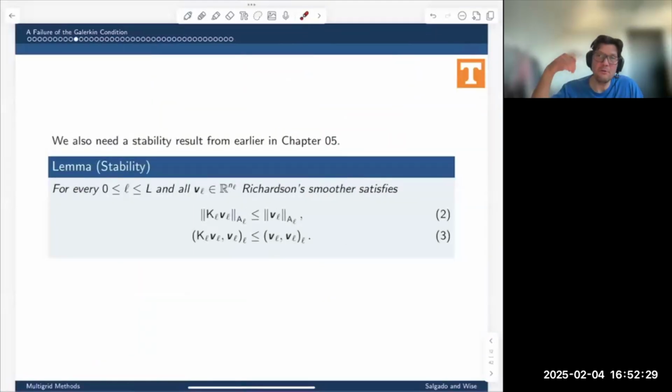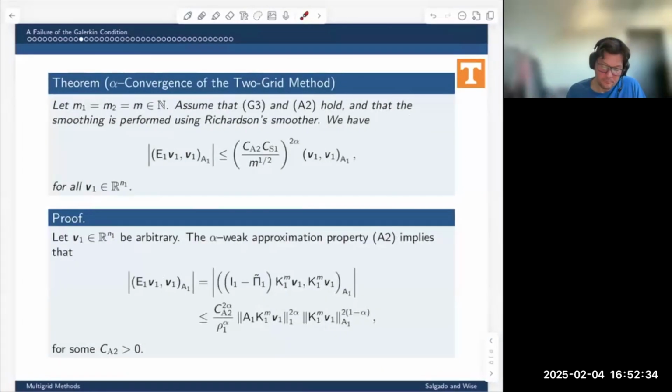Remember, that matrix is no longer equal to a projection matrix, but is still important for us. Now, if I formulate this, remember what E1 is. It's defined as K1 star to the M2 power times I1 minus pi 1 tilde times K1 to the M power, right?